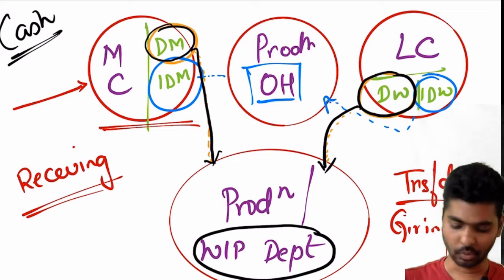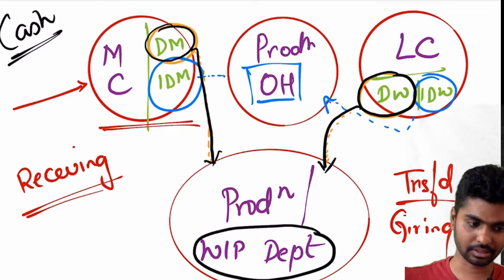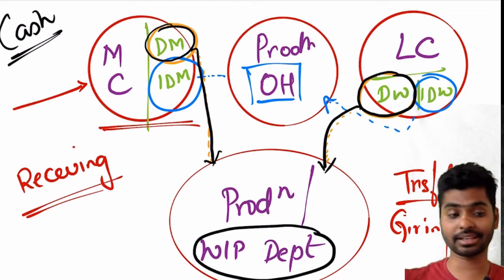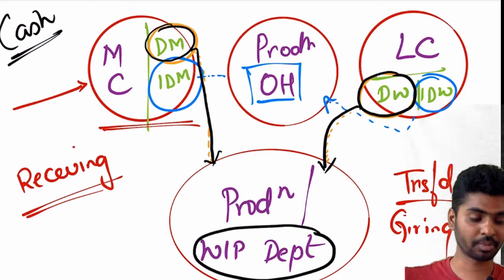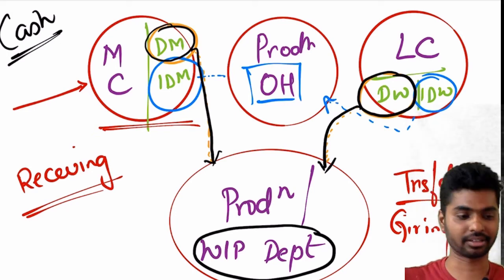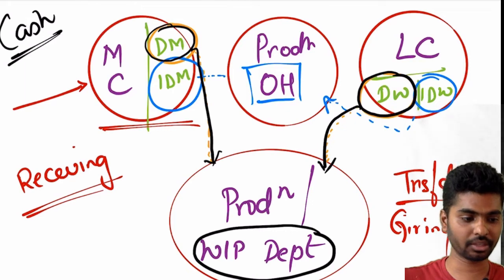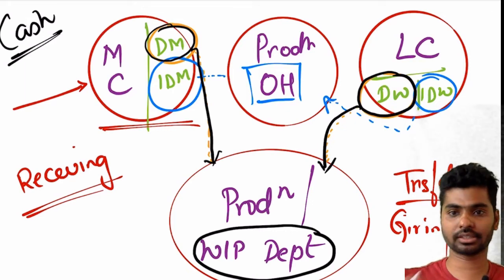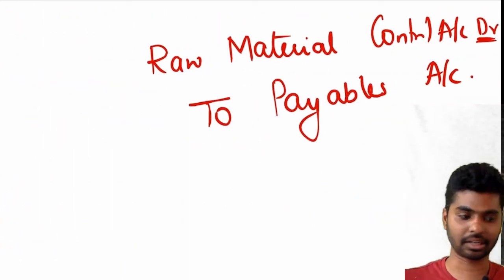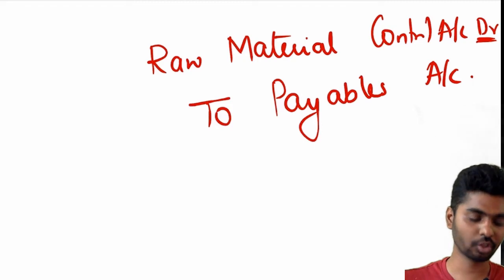And which is the department, or we say cash, that is going out, right? So basically, when cash is going out, in accounting we say it is credited. So we say the journal entry like this: raw material control account debit to payables account.